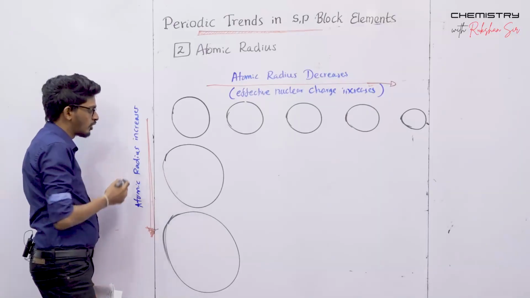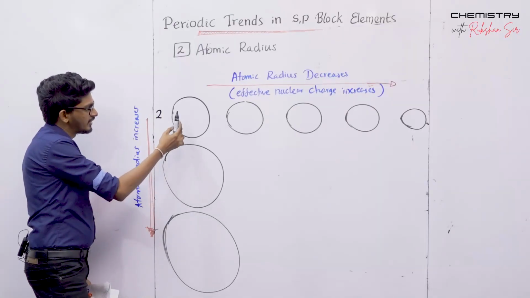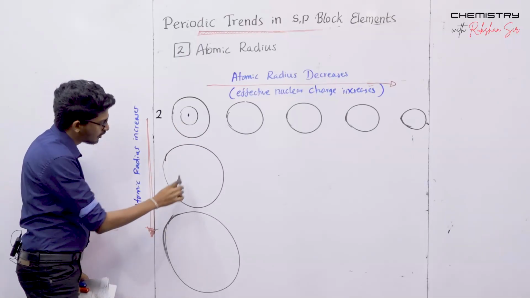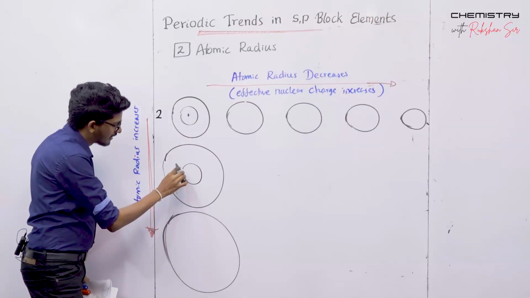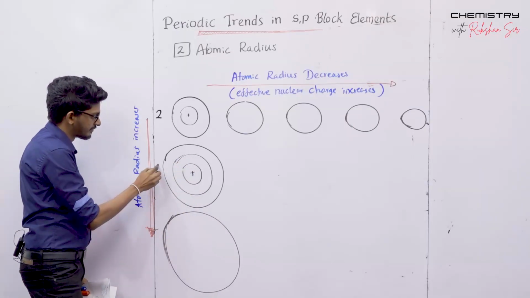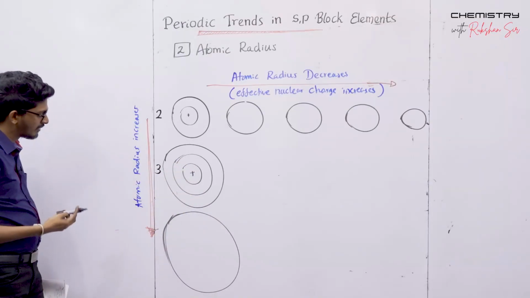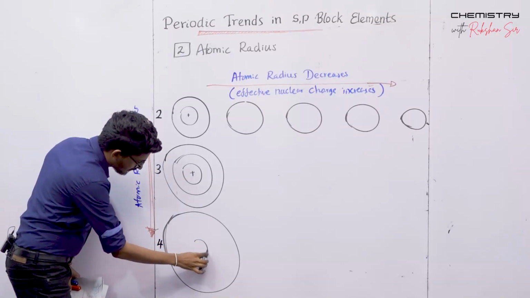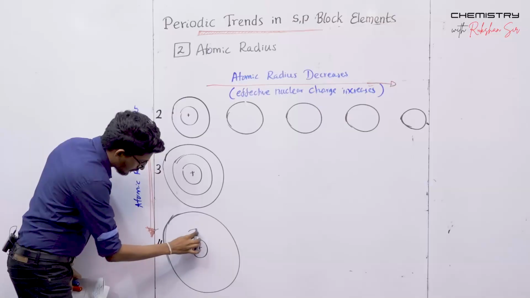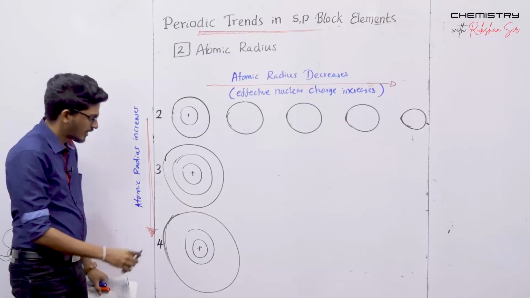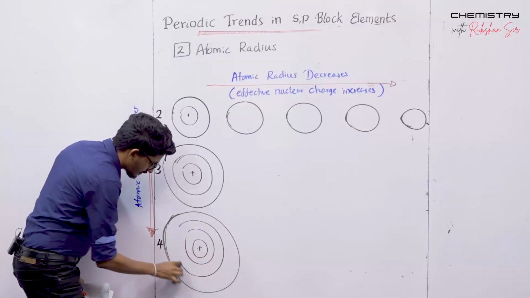With the second row, you have only 2 electronic shells. With the third row, you have 3 electronic shells. With the fourth row elements, n equals 4, you have 4 electronic shells.